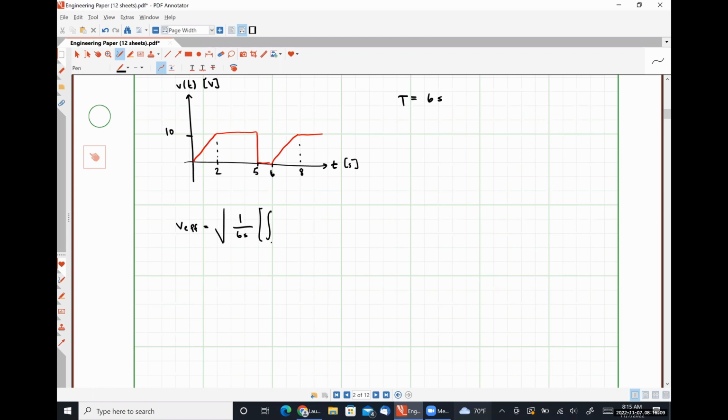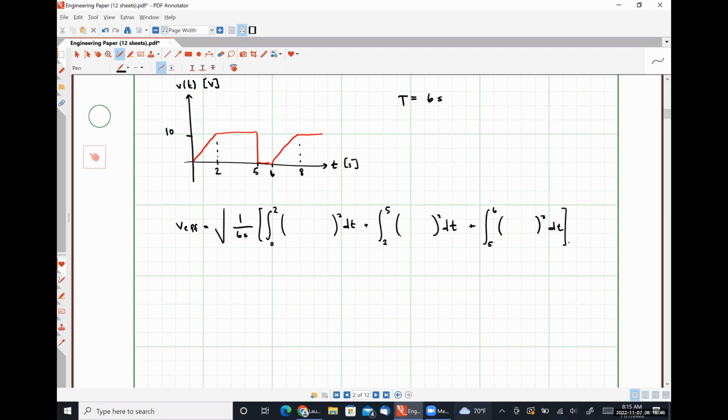So I'm going to integrate from 0 to 2, whatever this voltage is squared. I'm going to integrate from 2 to 5, whatever that voltage is, squared. And then I'm going to integrate from 5 to 6, whatever that voltage is, squared.